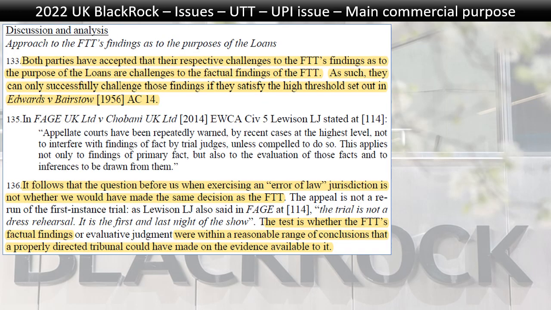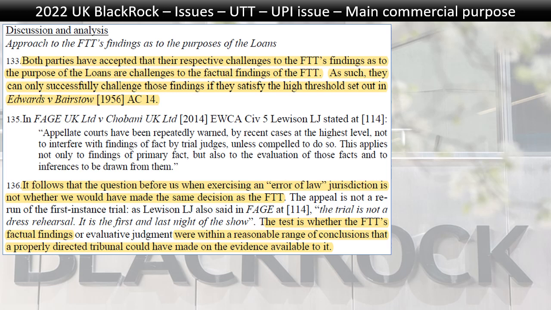And then the UK court comes with a number of interesting comments, very much UK centric, but I think still worth looking at. The first one is both parties have accepted that their respective challenges to the First Tier Tribunal's findings as to the purpose of the loans are challenges to factual findings of the FTT. The FTT is a factual court, right?